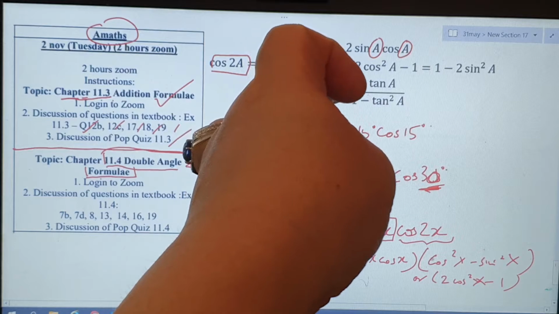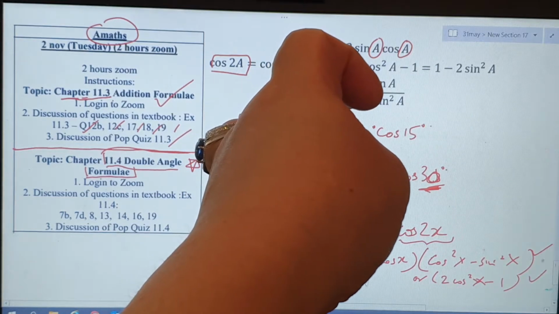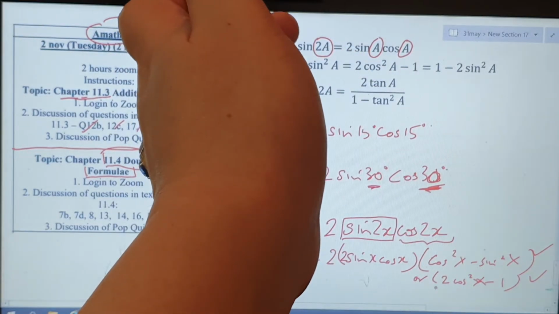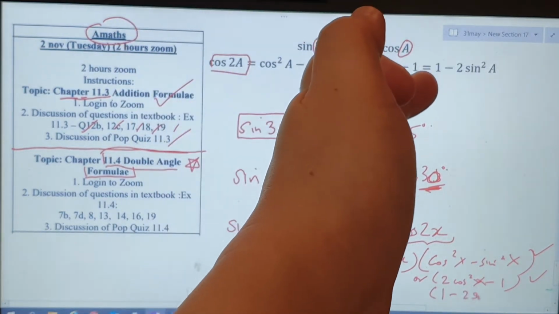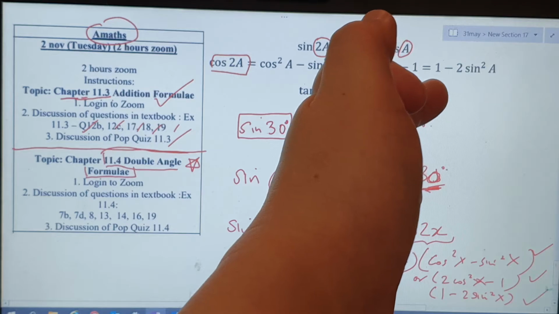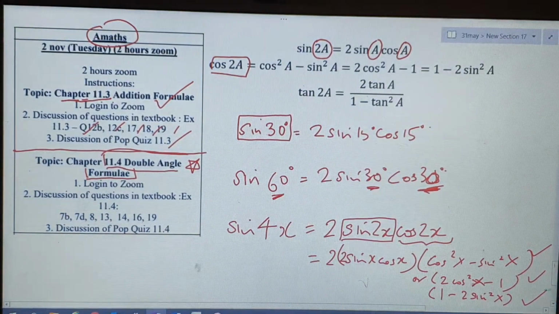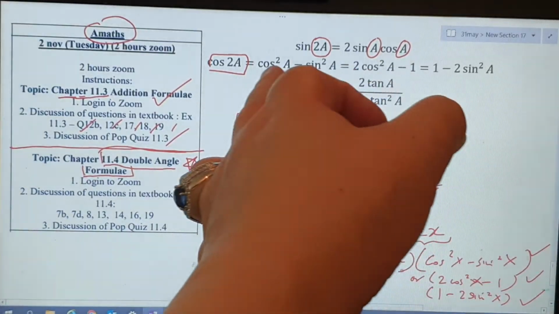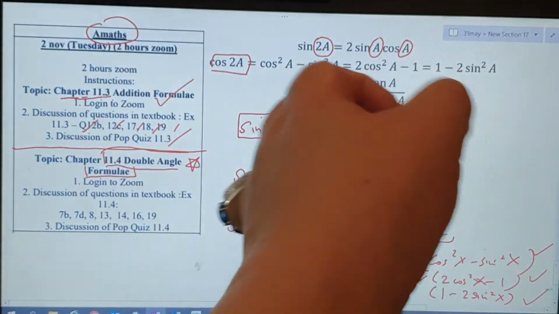This and this are both the same, that means they are equivalent. Or I can write it as 1 minus 2 sine square x.